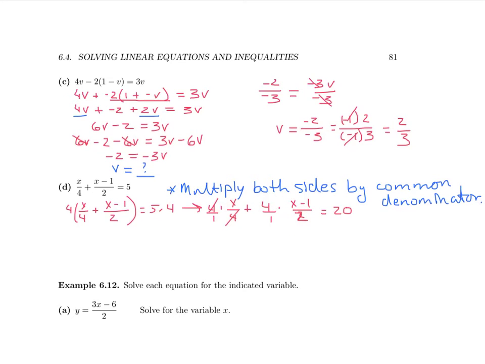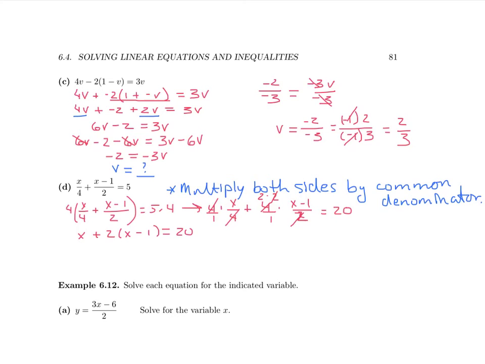So I can rewrite the 4 as 2 times 2 and then cancel out one of the factors of 2. So I'm left ultimately with an equation x plus 2 times (x minus 1) equals 20.